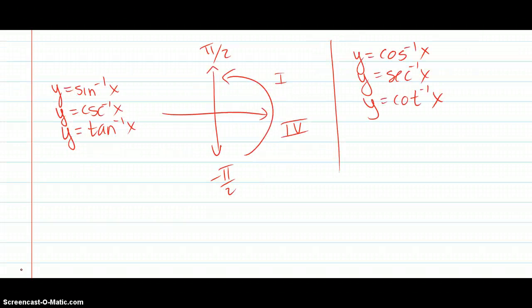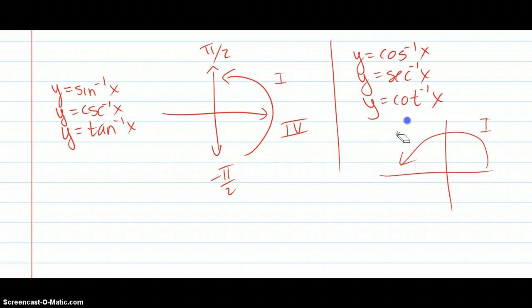Whereas y equals cosine inverse x, y equals secant inverse x, and y equals cotangent inverse x are all going to be either in the first or second quadrant, because we go from 0 to pi.